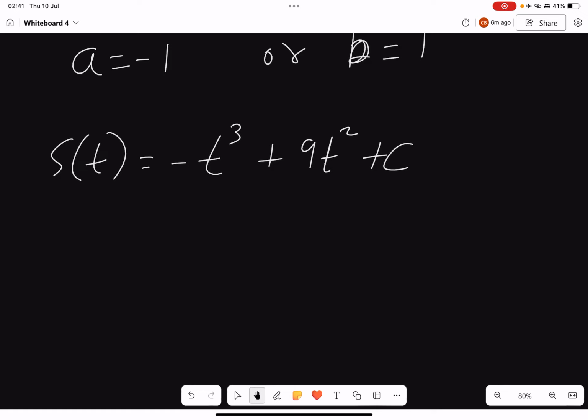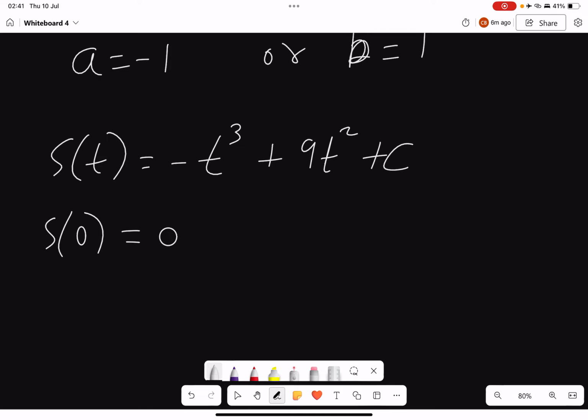We know that when t is 0, the speed is also 0. So s at 0 will be 0. Therefore, c must be 0. Remember, c is basically our y-intercept. So when x is 0, the y is also 0, because these two parts will be 0. I'm sure it makes sense, ladies and gents.